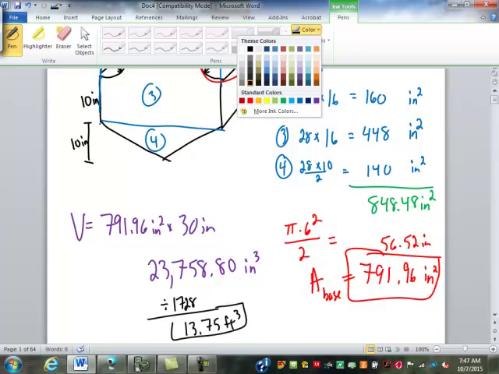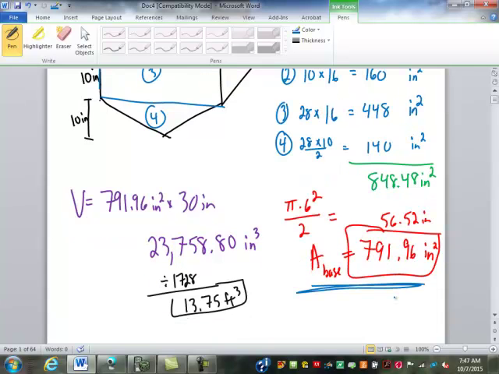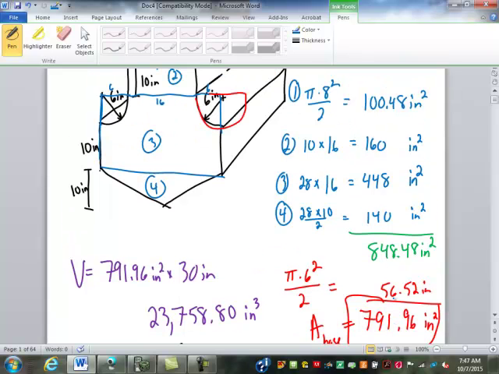Yes, sir. Came up with a different answer? Well, did something wrong. What'd you have for the area of the base? 833.07. So that would be their problem. Well, something was off there. I got the right area for the bottom triangle and for the top circle and top half circle and top box.